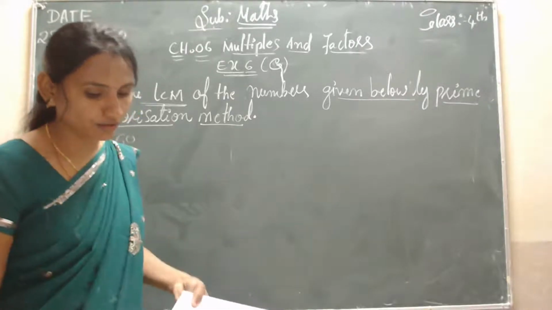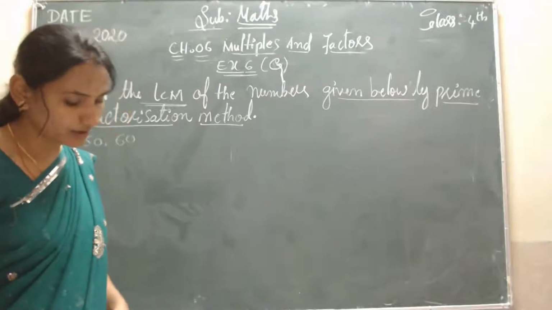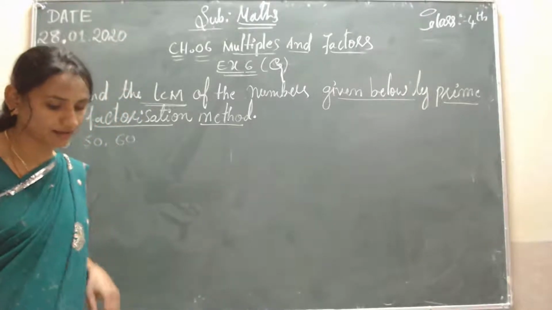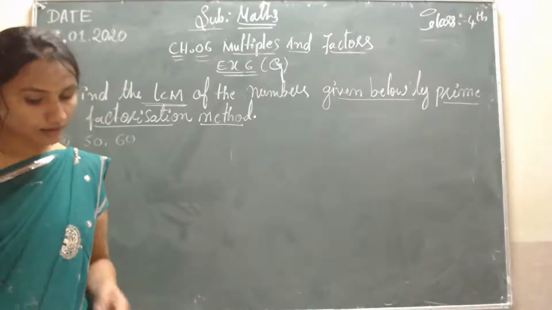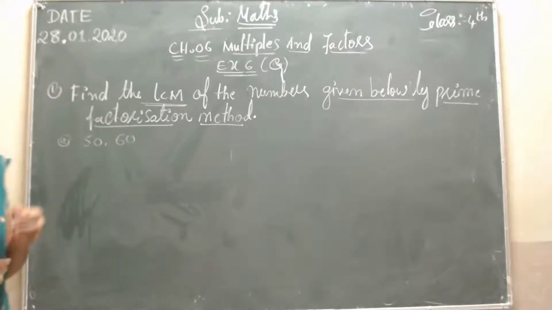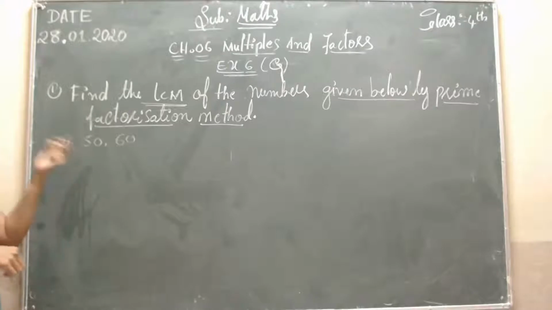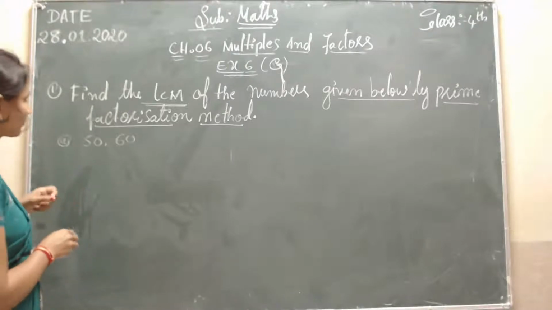In the factorization method of LCM, the first step is to find the prime factors. So we find the LCM of 50 and 60. First you have to do the division.